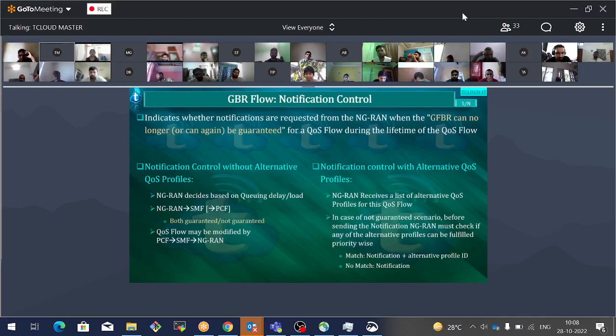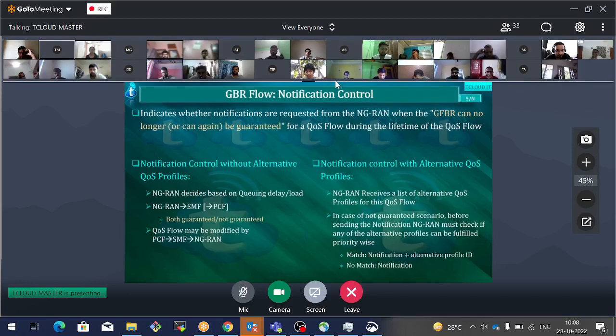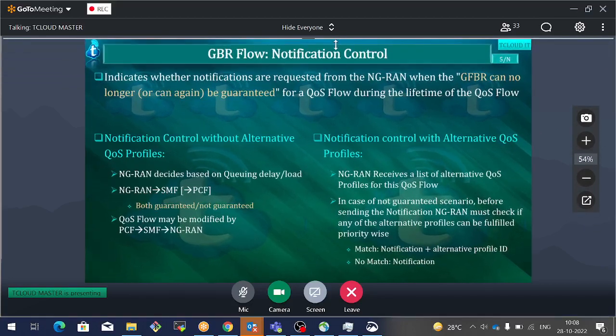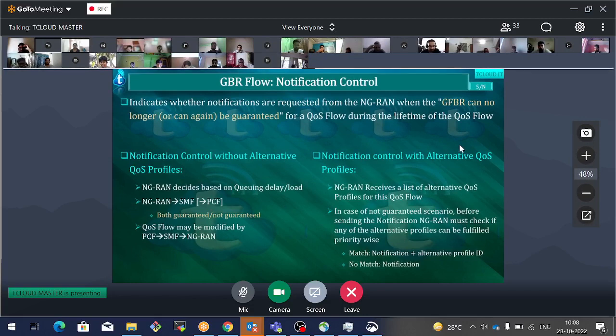If it cannot preempt others, can we accommodate this particular GBR flow that is coming up with its promised data rate, guaranteed bit rate? So the gNode B has to do future estimations based on the present traffic situation and the request that is coming in. It will have to do the future estimate.